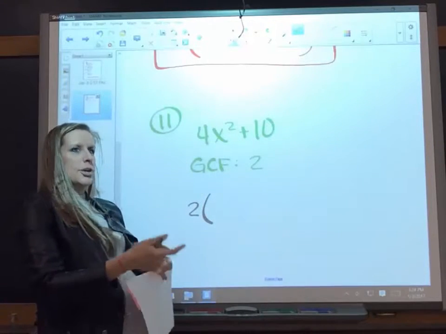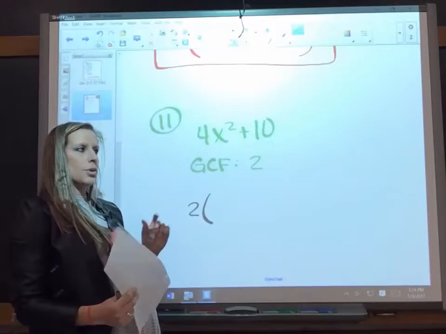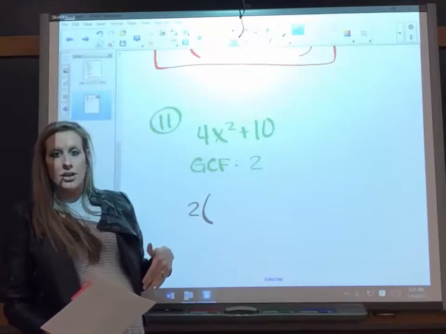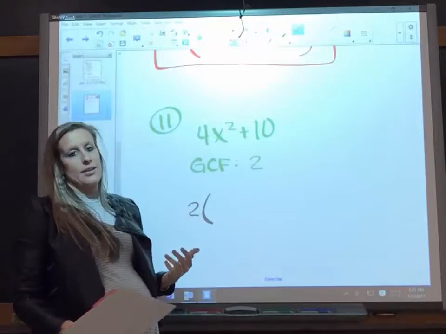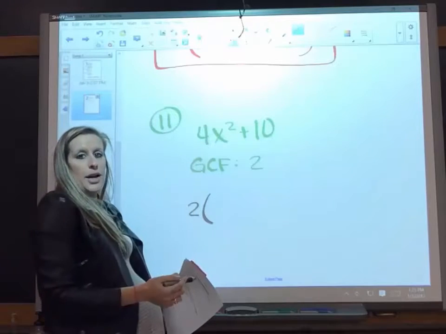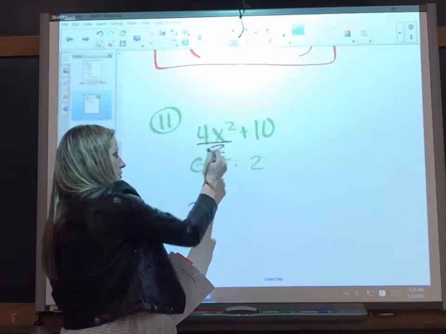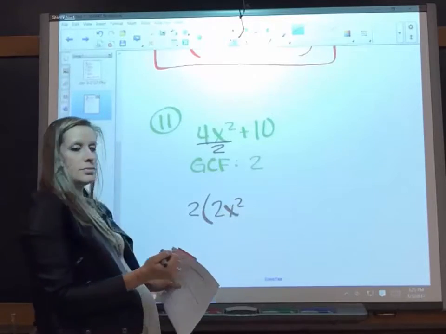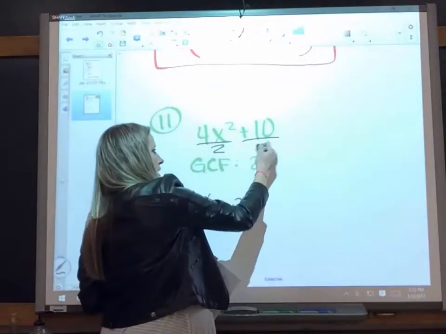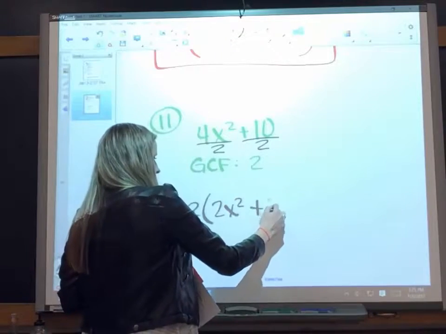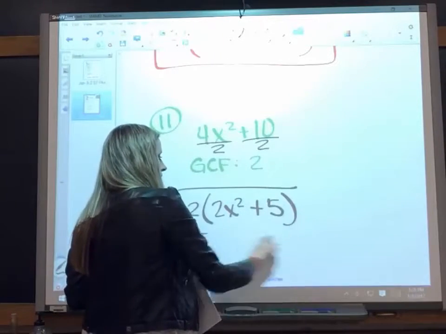It's almost like distributing, but backwards. Whenever we distribute, we multiply. If we want to take a number out, we do the opposite and divide. If we take a 2 out of 4x squared, we divide by 2, we're left with 2x squared. If we take a 2 out of 10, 10 divided by 2 is 5, and I'm going to leave it like that.